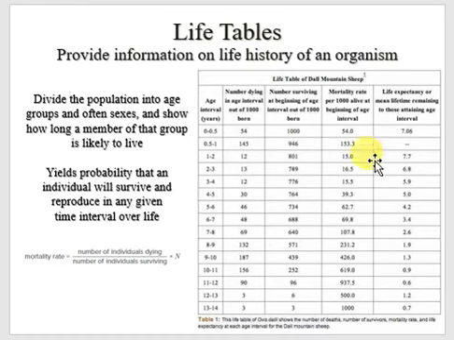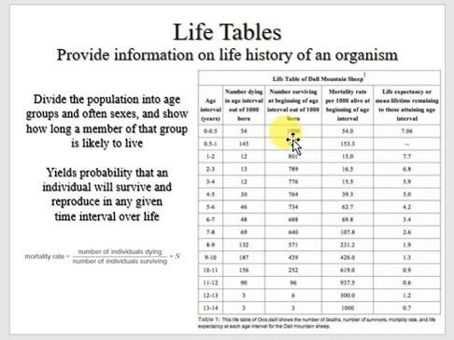Now this column here is showing mortality rate per 1,000 individuals. Right? So the original number of offspring at the start of this generation was 1,000.